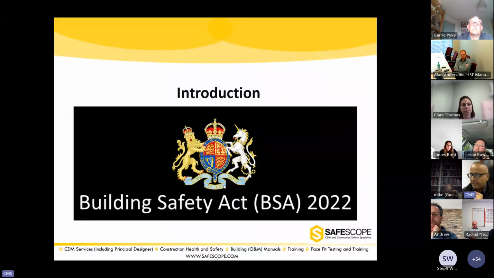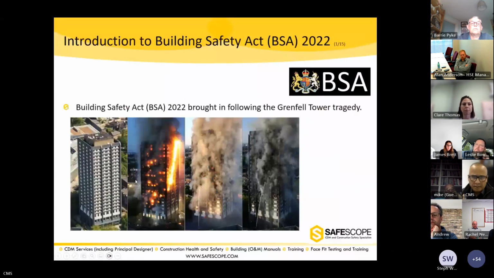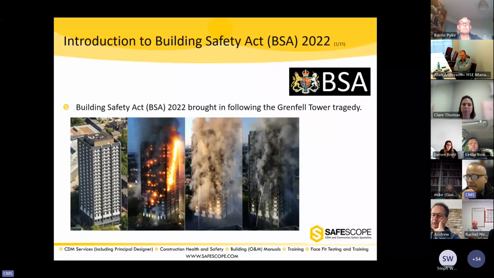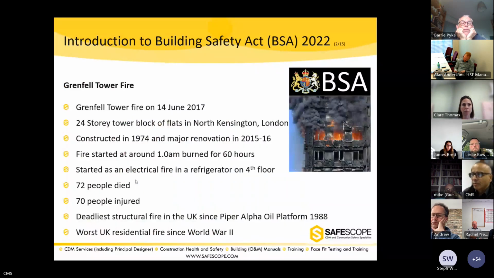What is the Building Safety Act and why are we here today? Now, as most of us know, the Building Safety Act came out as a direct result of a tragedy. In fact, we all know what happened in 2017 with Grenfell Tower and the fire, which unfortunately killed 72 people.